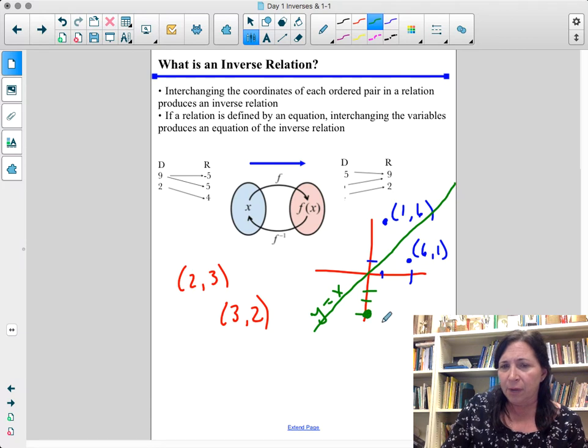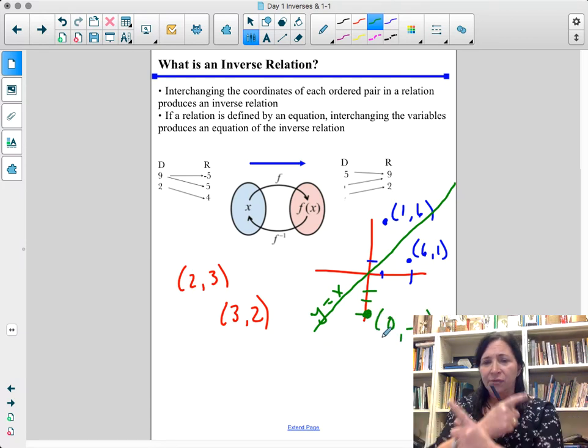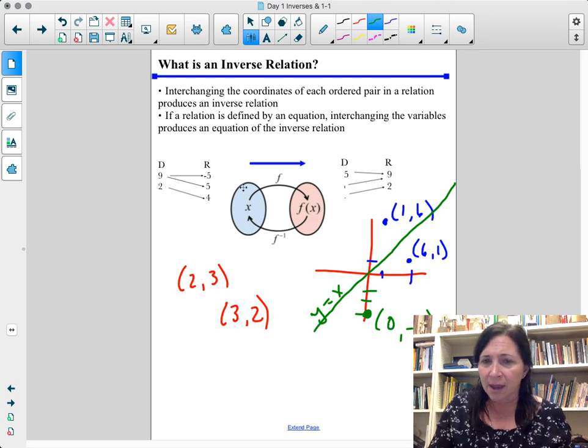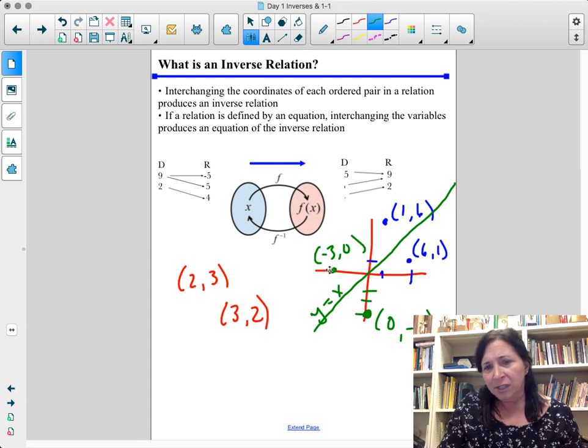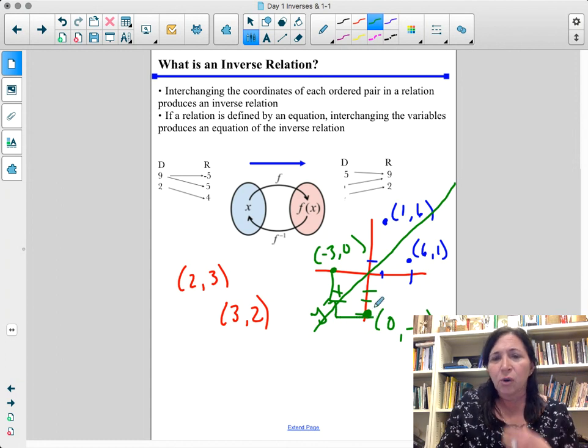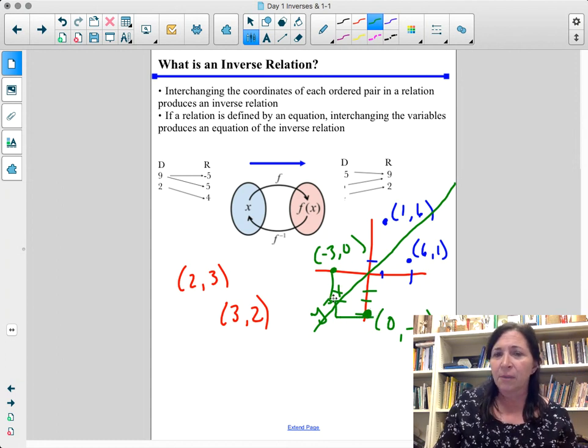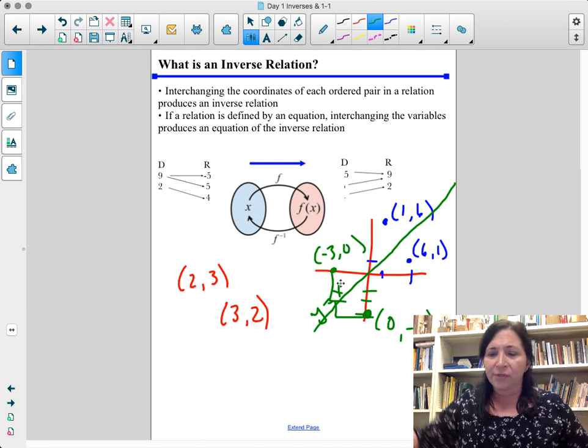So here's my point, (0, -3). Remember, take your x and y and flip it, and now I have (-3, 0). There's (-3, 0). See how this is a reflection across here? That's a reflection across here. So anytime you have an inverse relation, it's a reflection across the y equals x line.